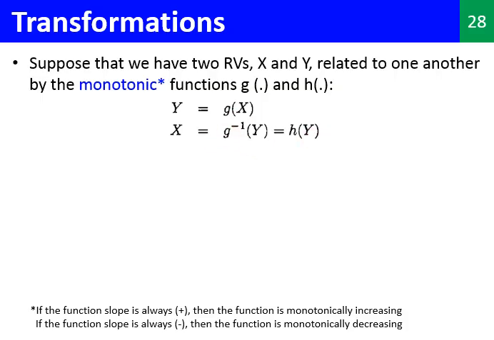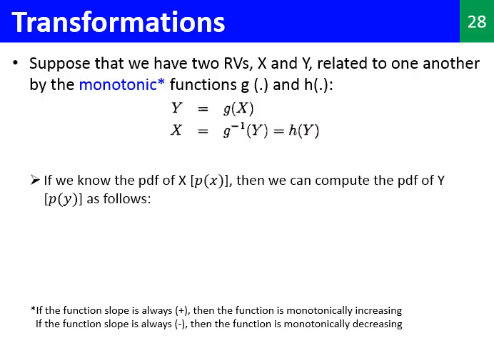Now, if we know the probability density function of random variable x, then we can compute the probability density function of y as follows. So the argument is, let's say the probability of x for a very small range dx would be p(x) dx, safely ignoring the integration as dx is very small. Okay, now x and y are connected, therefore for the dx there will be a corresponding range dy related by the given function, and as a result the probability of y in that range should also be the same.